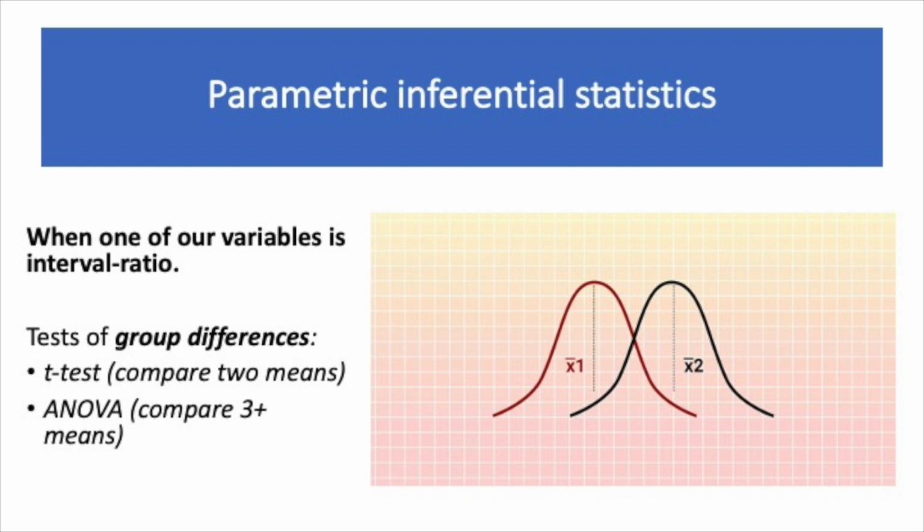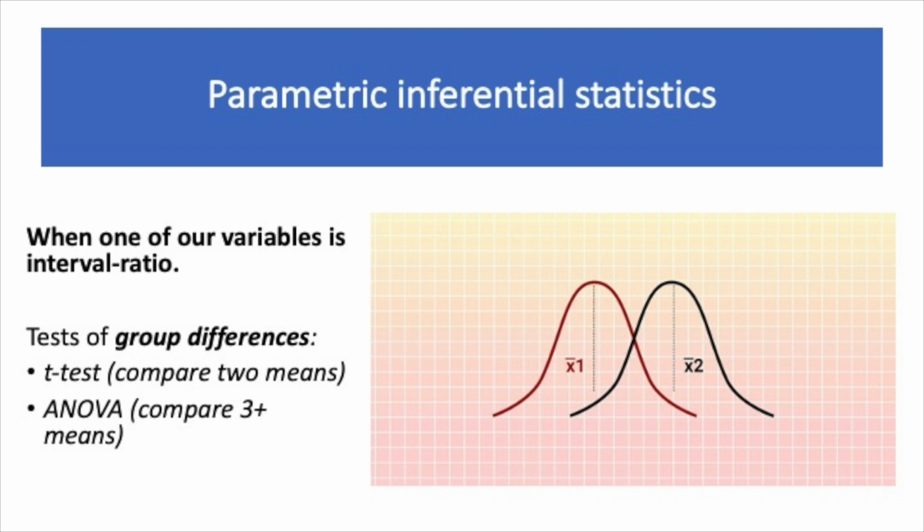And this is showing us the distribution of height for males and for females. When we run a t-test, we're testing whether the mean for height for female is significantly different from the mean for height for male. Okay, so we're comparing two means here.